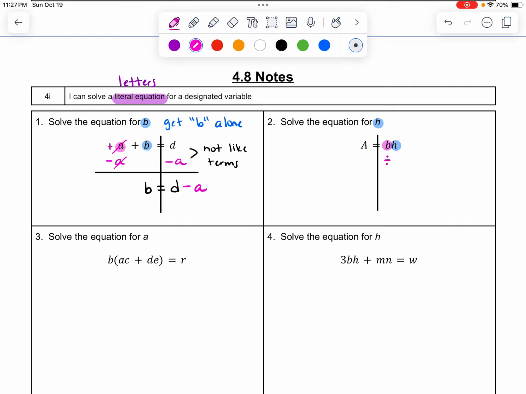So I'm just going to divide by B. When I do that, on the left side, the A and the B are not like terms, so you can't really combine them. You're just going to write A divided by B, which that line means division. And on the right-hand side, the B's cancel and we just get H. And we're done.